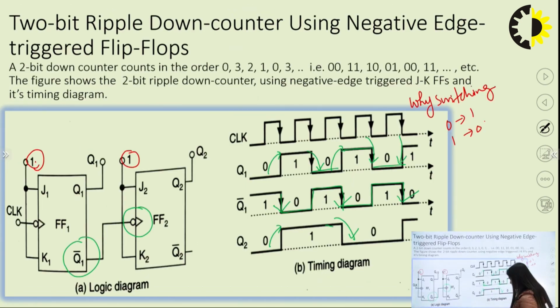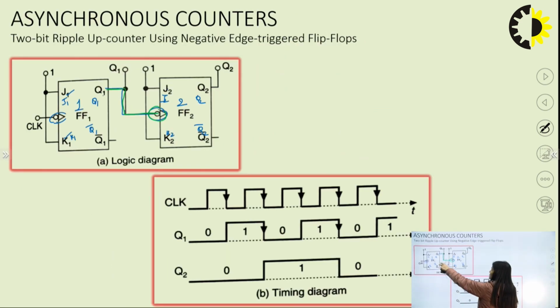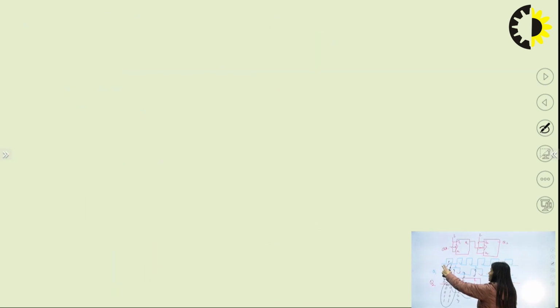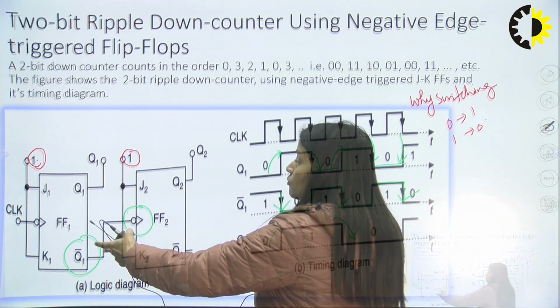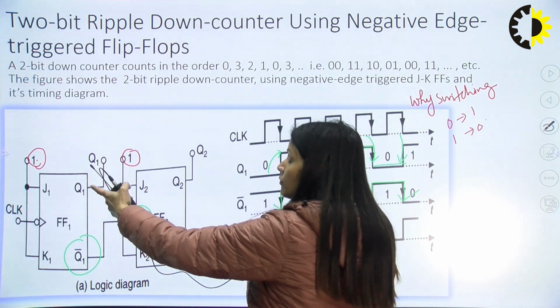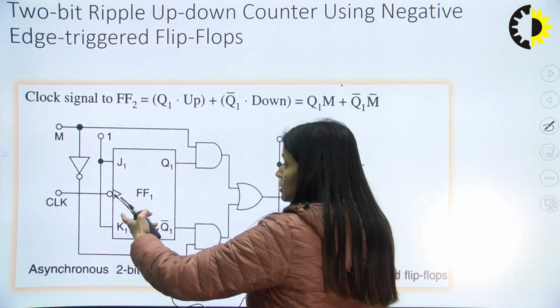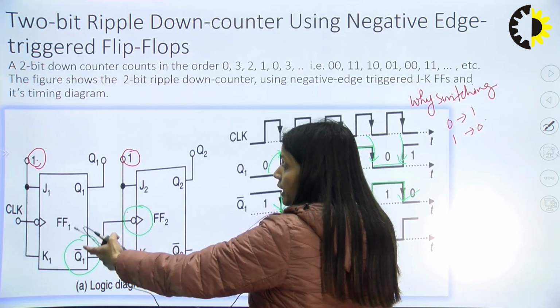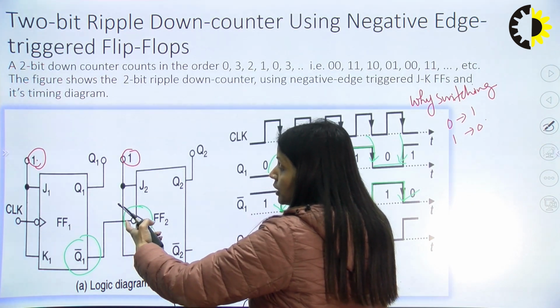I need to combine both of these flip flop arrangements. At one time I want Q1 to be connected to the negative clock pulse, and at another time I want Q1 bar to be connected to the next clock pulse.